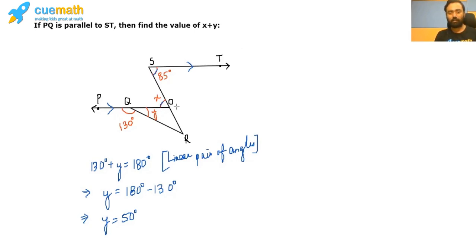If I just extend the two lines, we see that these two lines are parallel to each other and SO is the transversal, then 85 degrees and X are present on the interior part. So we can write here that X is equal to 85 degrees because they are a pair of alternate interior angles between two parallel lines.